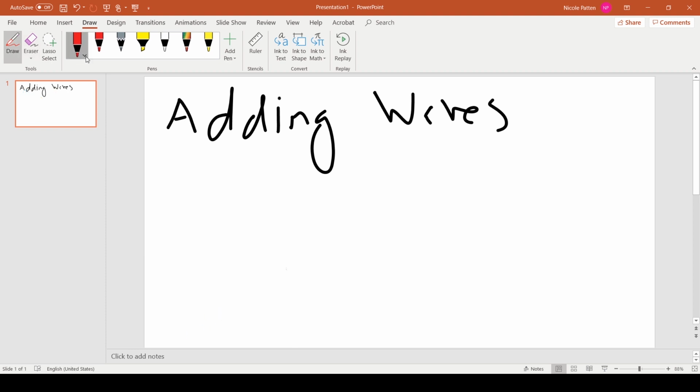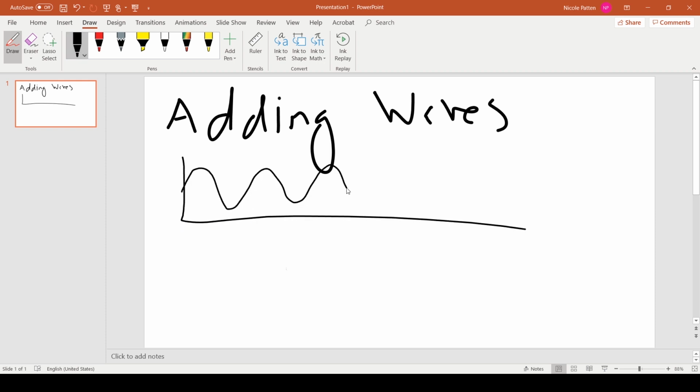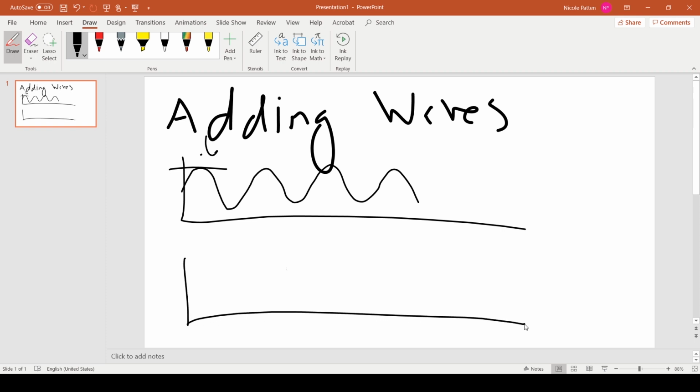If you have a wave, this is 0.6, and then you have this other wave that's 180 degrees out of phase, but it goes to negative 0.5.